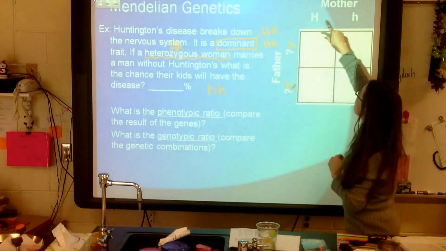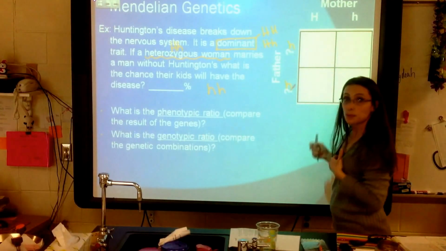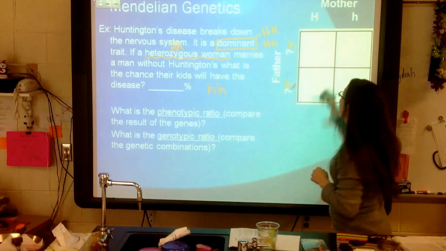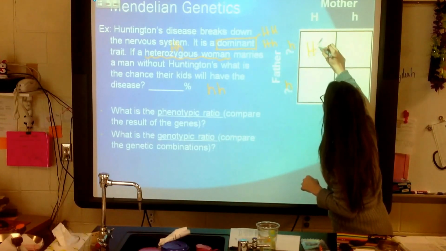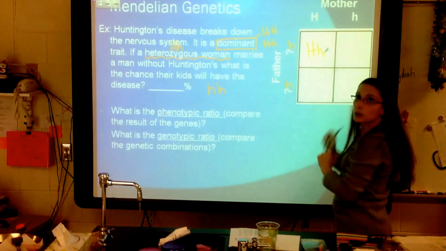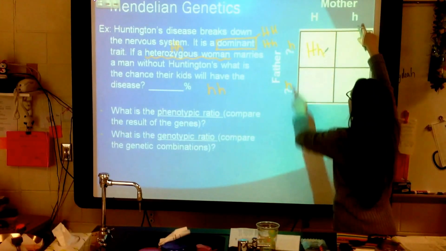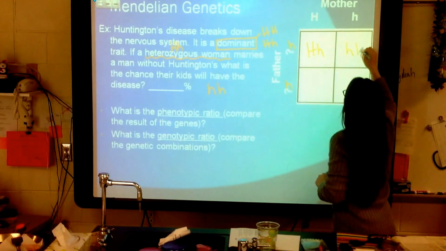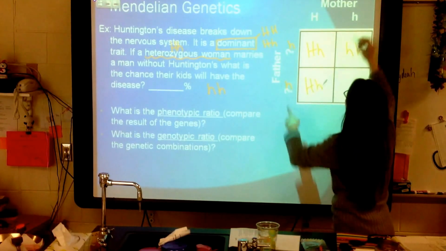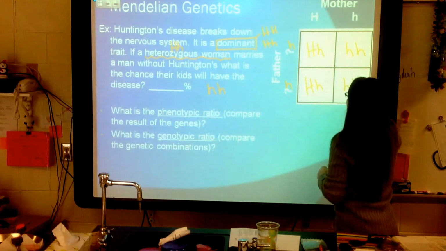So you can see that the mother's genotype was separated at the top, the father's is separated down the side, and then I can combine them. What if this egg was fertilized by this sperm? What if this egg was fertilized by this sperm? And so we each time are representing a fertilization event.